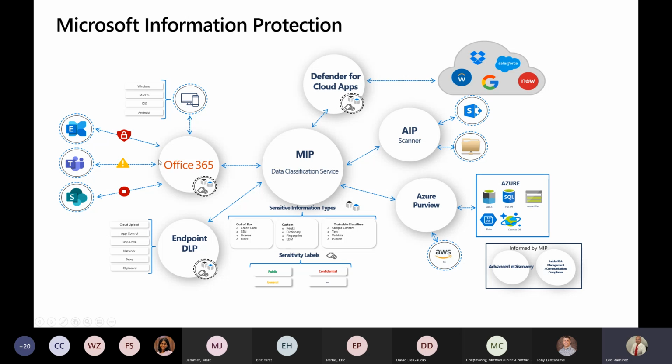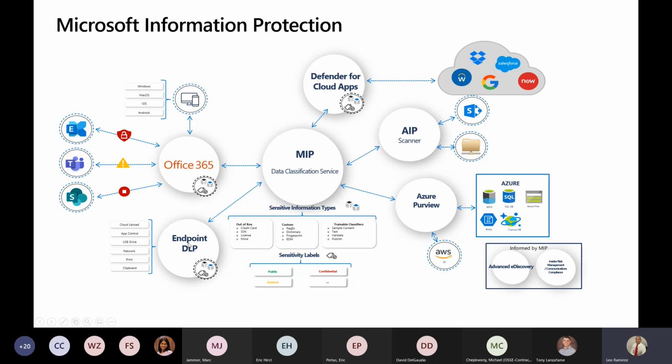All right, so let's start in Office 365. This is where you can use information protection policies and data loss prevention policies to protect sensitive information in SharePoint, Teams, Exchange, and OneDrive. We also have endpoint DLP as part of the MIP framework.